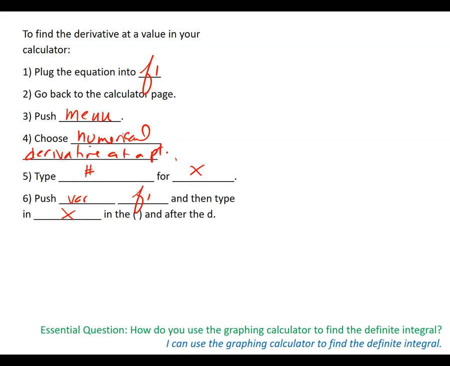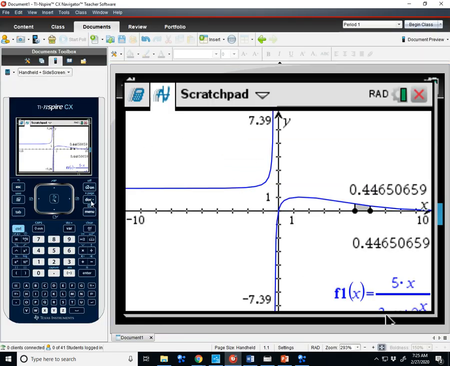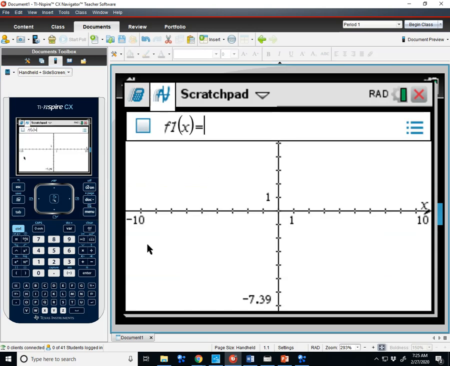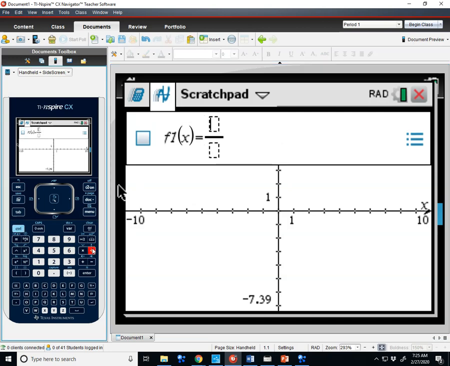All right, copy. Get rid of it. Okay, so I'm typing my function up there, right? Oh yeah, I've got to do a control divide, right? 4x.